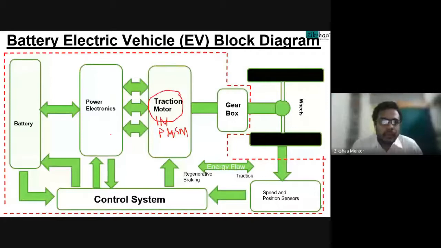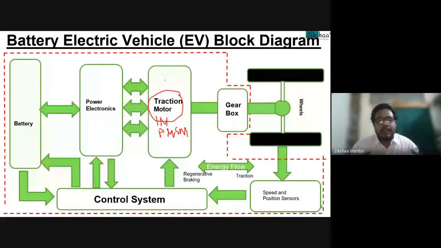Now, traction motors can be a single phase motor, but mostly it is a three-phase motor. The power comes from the battery, which is placed underneath the passenger seats, between the chassis and the passenger seat in most vehicles.